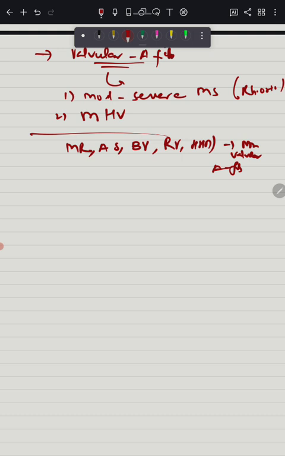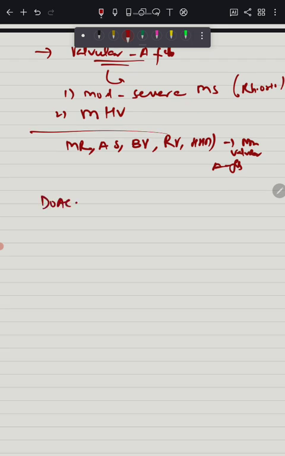Because direct oral anticoagulants like apixaban, rivaroxaban, dabigatran, and edoxaban are not recommended in valvular AFib.